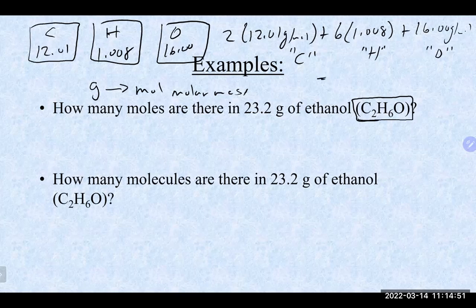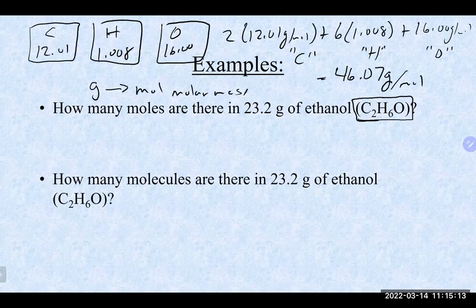Doing all that together will give us the molar mass of this molecule, which would be 2 times 12.01 plus 6 times 1.008 plus 16, looks like 46.07. That number is how many grams there are per mole.